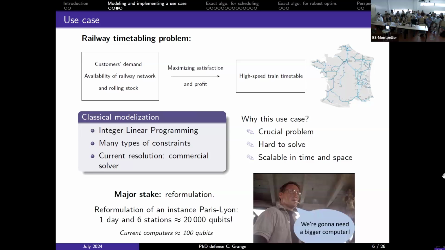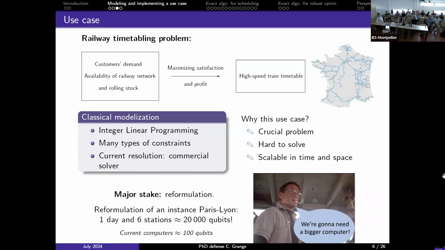As I said, a major stake here is the reformulation of the problem. Just to give you an idea, if we want to reformulate an instance around Paris-Lyon, so about 1 day and 6 stations, it requires more than 20,000 qubits. So it is really huge, and we cannot process it on current quantum computers that have mostly 100 qubits.